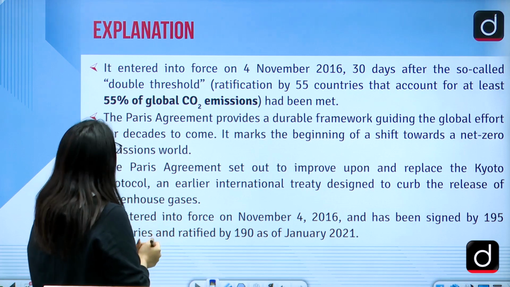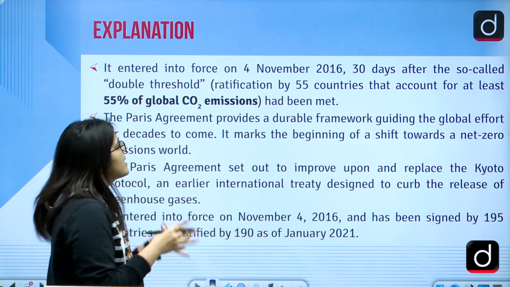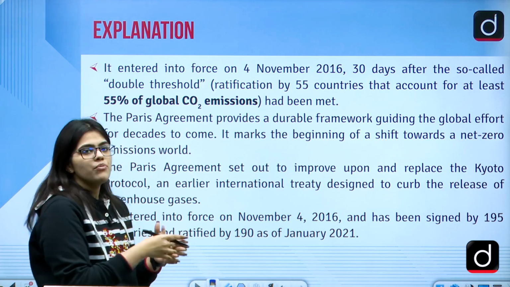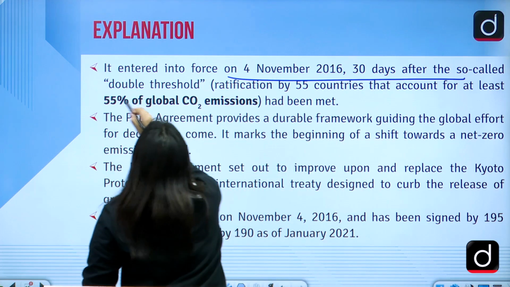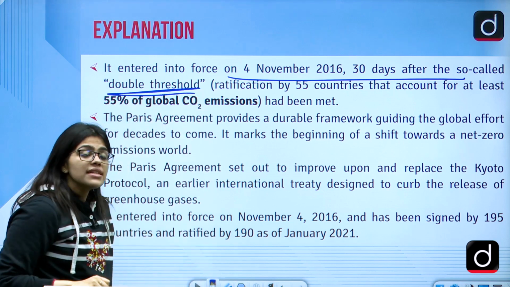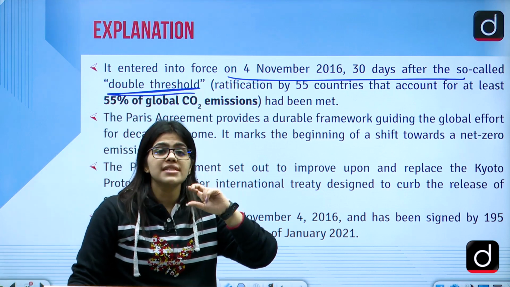It entered into force on 4th November 2016, 30 days after the so-called double threshold. This was the period in which they were signing the document.